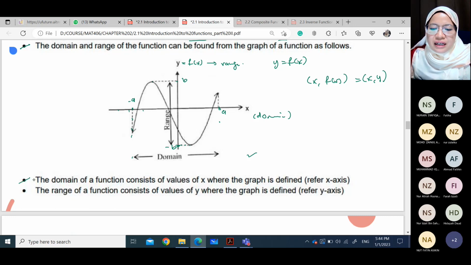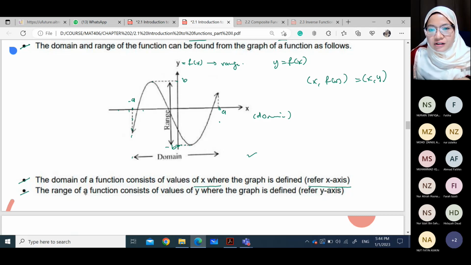Tak ada. So, you tengok sini, the domain of a function consists of values of x where the graph is defined. So, we need to refer x-axis. So, x-axis, it is about a value of x ataupun the domain, nilai-nilai domain lah. Kita panggil nilai-nilai x itu sebagai domain.